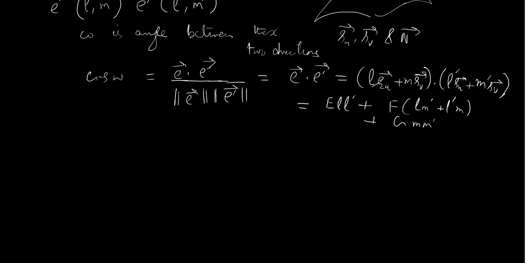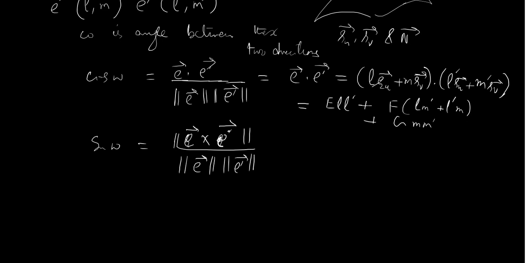sine of omega would be the length of the cross product of e vector with e prime vector, divided by of course norm of e into norm of e prime, which are 1.